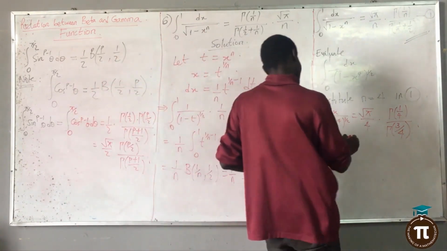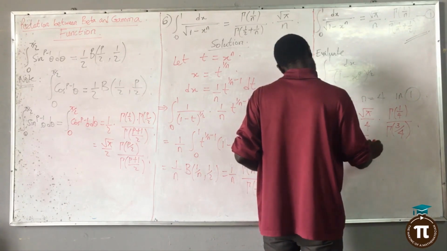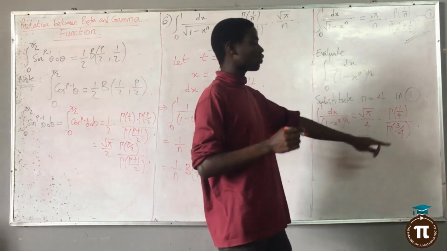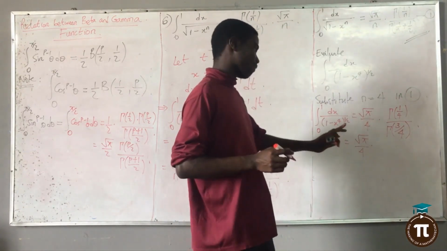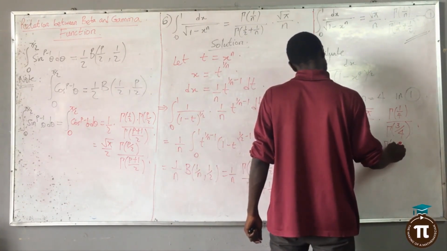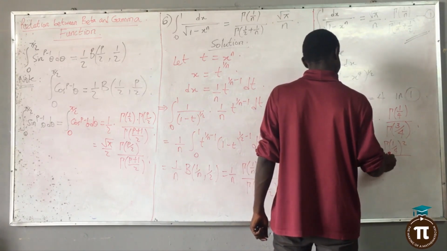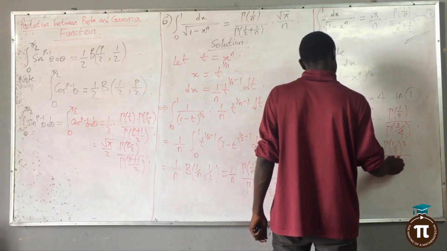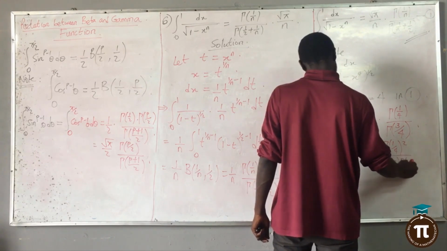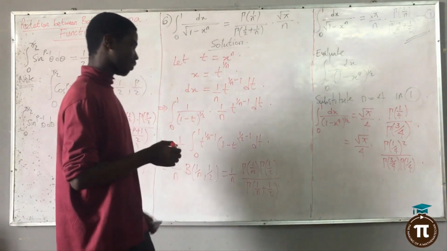Or better still, I do it this way with root pi over 4: multiply both numerator and denominator by gamma of 1 over 4. So this will become gamma of 1 over 4 all squared over gamma of 3 over 4 times gamma of 1 over 4.